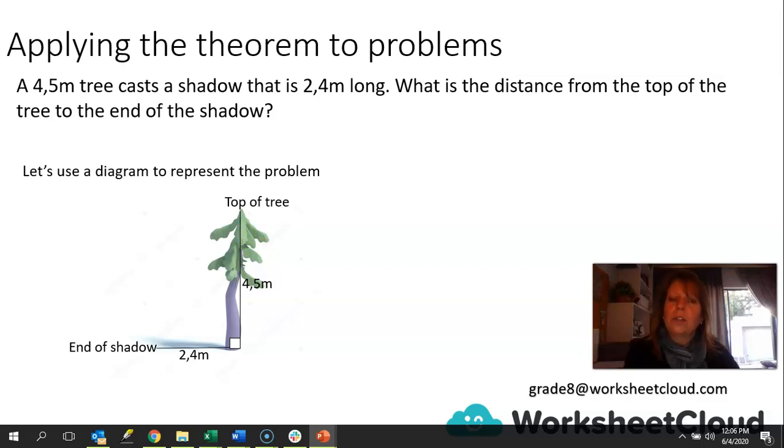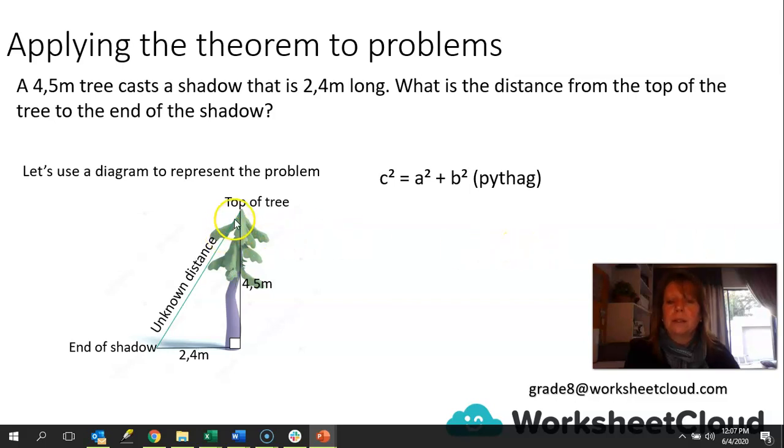So the question asks, what is the distance from the top of the tree, as you can see there where the top of the tree is, to the end of the shadow? So we now are going to draw in that line on our diagram so that we can see exactly what we are working out. Okay, all with me. So again, we're going to use c squared is equal to a squared plus b squared.